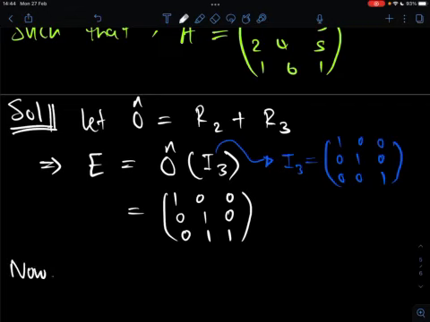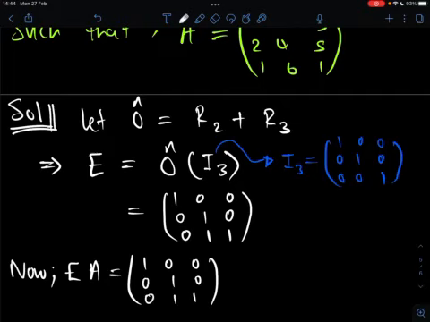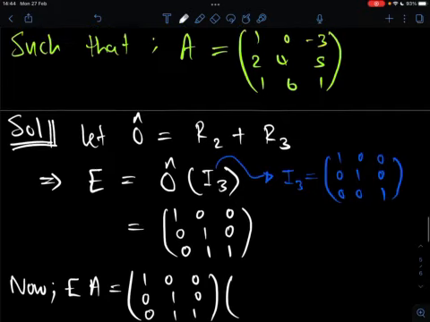So let's calculate EA right now. What is EA? I'll take E, which is 1, 0, 0, 0, 1, 0, 0, 1, 1, and multiply with A, which is equal to 1, 0, minus 3, 2, 4, 5, 1, 6, 1, and see what I'm going to get here.